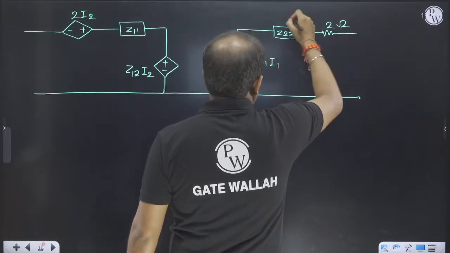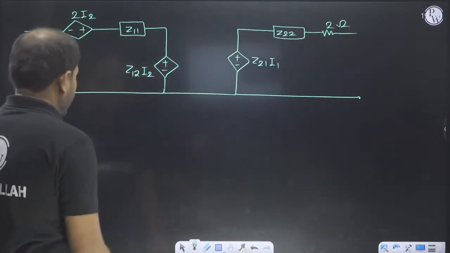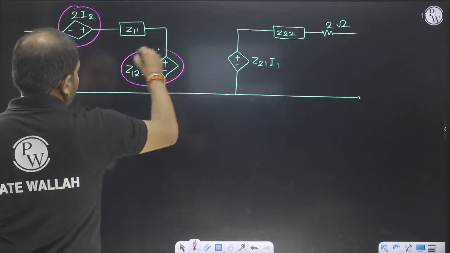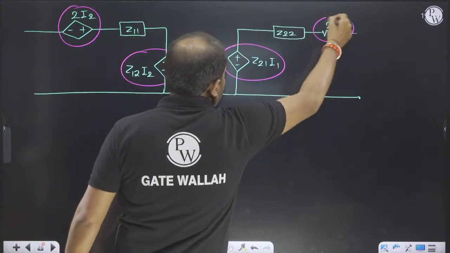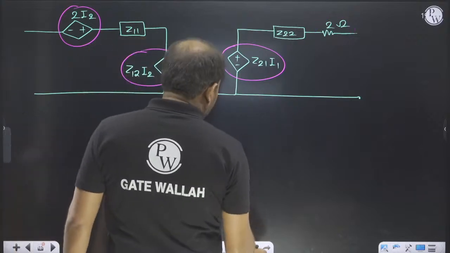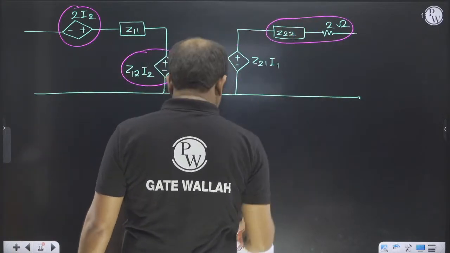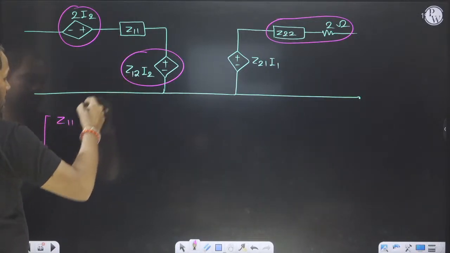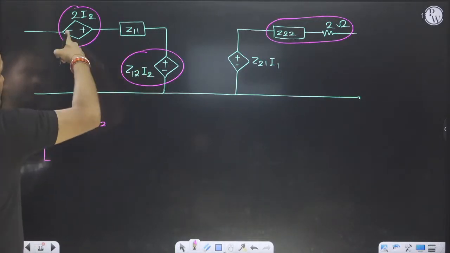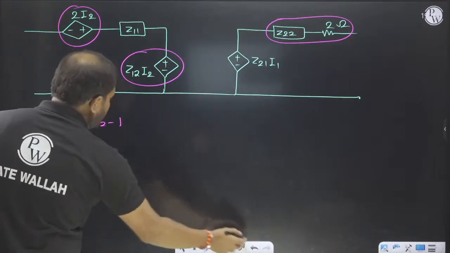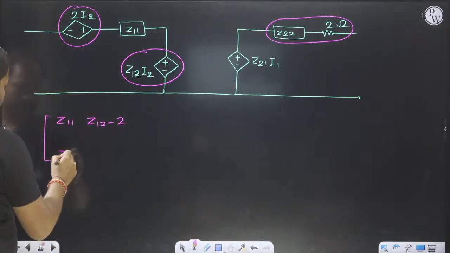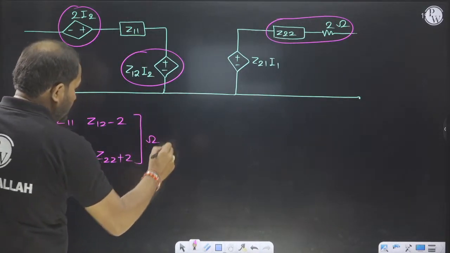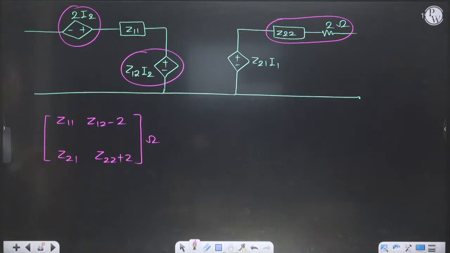So the 2 ohm will be added here and here. So our new Z matrix will be Z11 and Z12 minus 2, and Z21 and Z22 plus 2. You can go through it like this. So this is our Z parameter model.